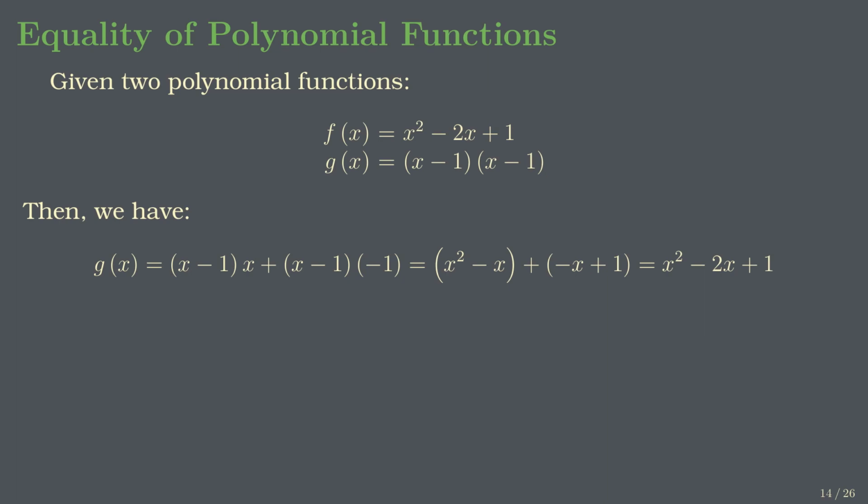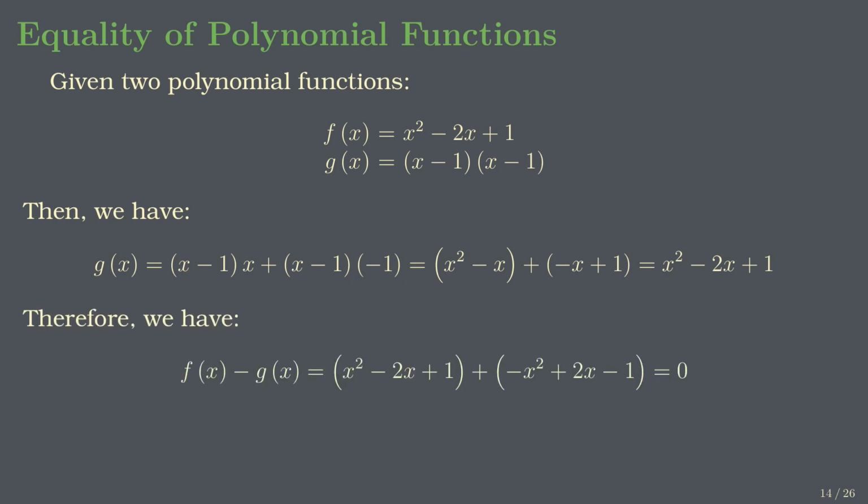plus 1. From the definition, now you need to compute f(x) minus g(x), right? Then you get 0, meaning that f(x) is equal to g(x). But another way, which might be a little easier, to realize that f(x) is equal to g(x) is that we can compare, first of all, the degree of f(x) and g(x).